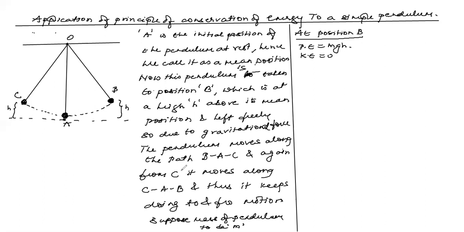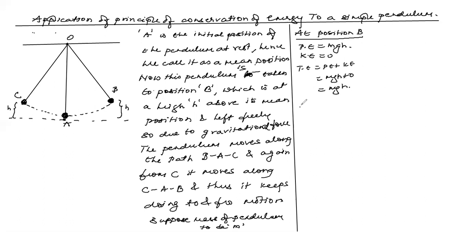Now at position B, P is mgh, K is 0. So total energy will be PE plus KE, mgh plus 0, equal to mgh.